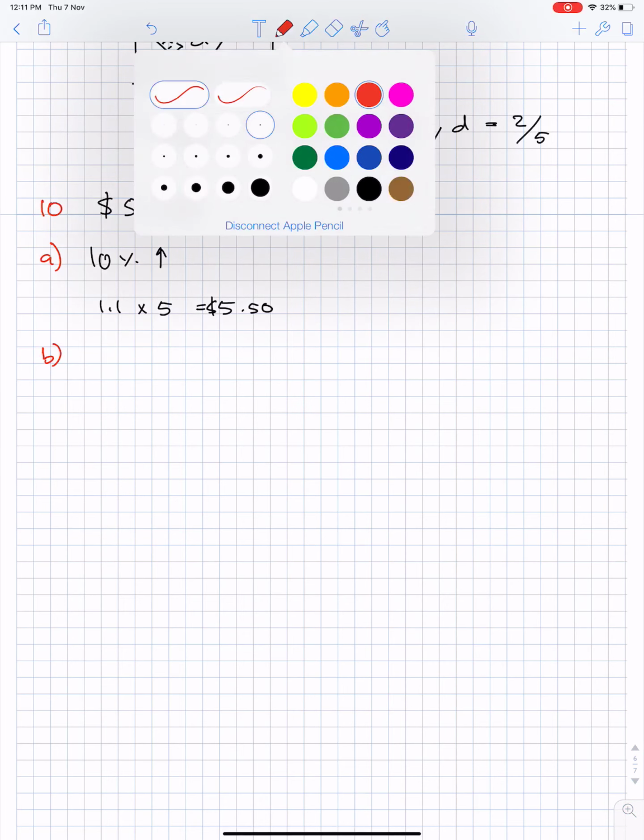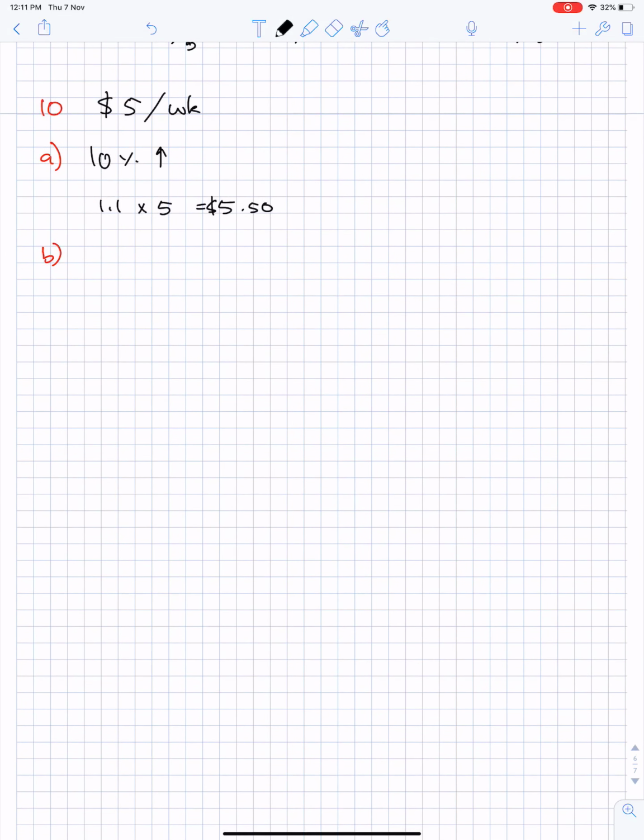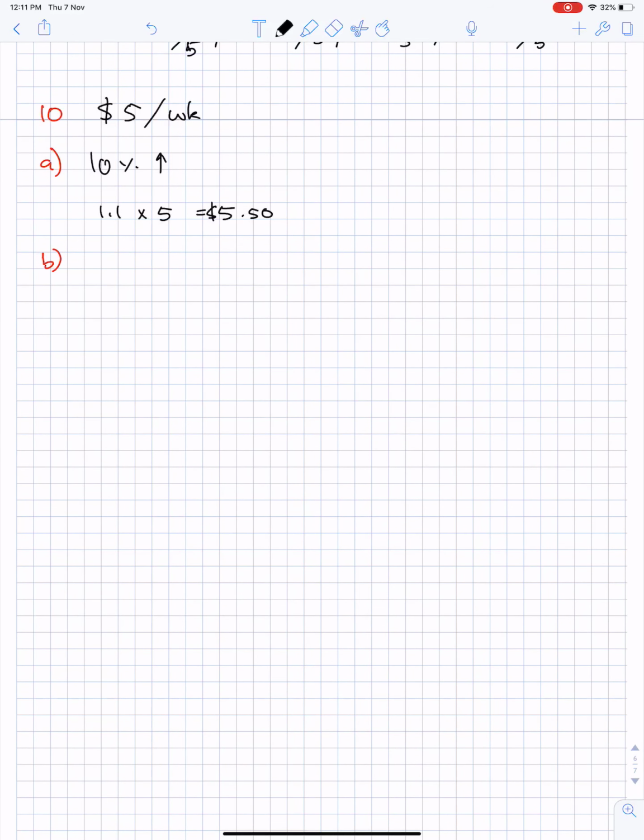B. His dad suggests another option for Cheyenne to choose from. He could instead opt for a 20-cent increase every 3 weeks for 1 year. Which option should he choose? Okay. So let's have a look at it like this.